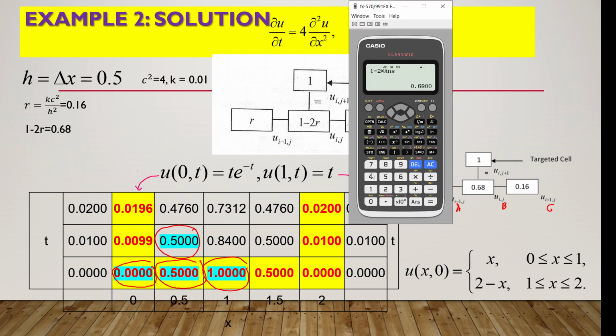So we put 0.16A plus 0.68B plus 0.16C. Then you calculate, with A 0, B 0.5, C 1, and you obtain 0.5.